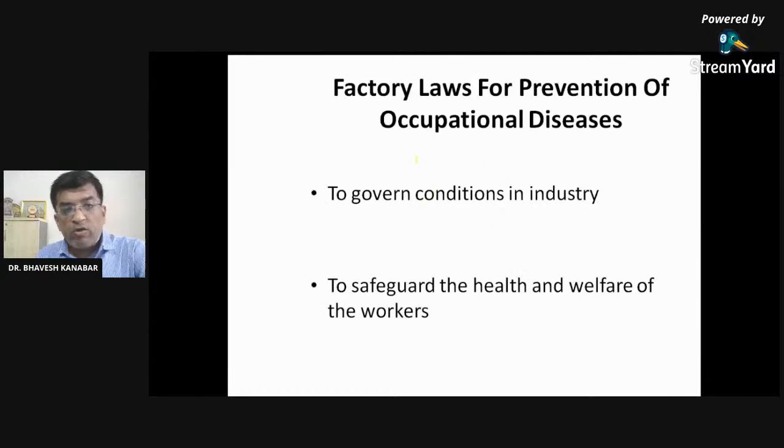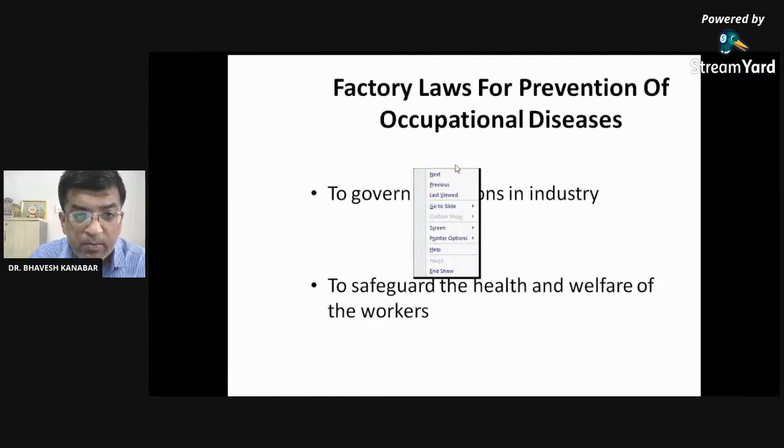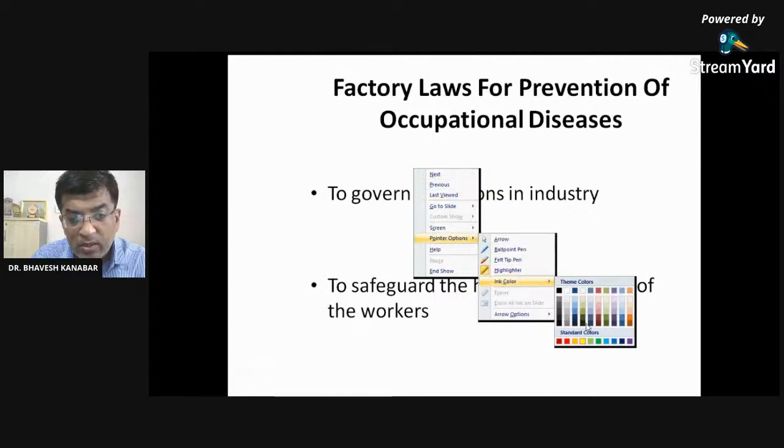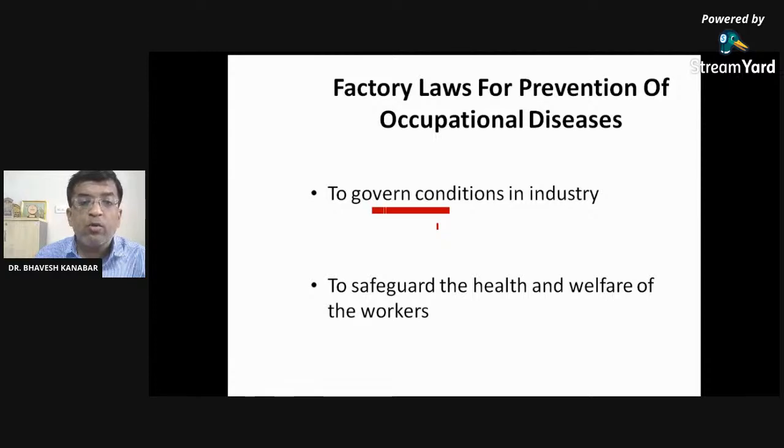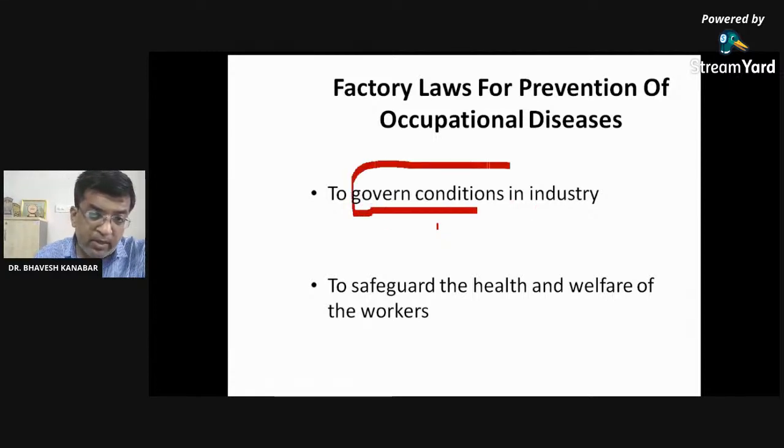The factory law, or Factory Act, is for prevention of occupational disease. It is to govern the conditions in the industry. It monitors and supervises the conditions. This is a law that has set certain norms, so it can govern conditions beneficial to the workers as well as ultimately to the factory owner.